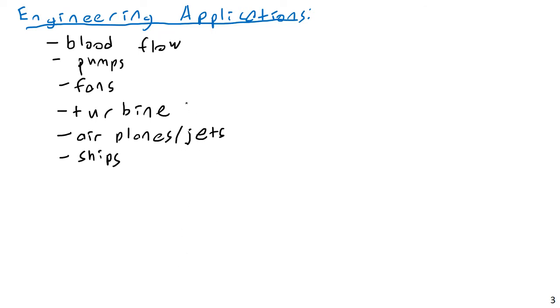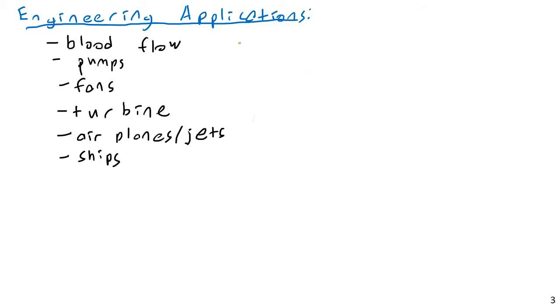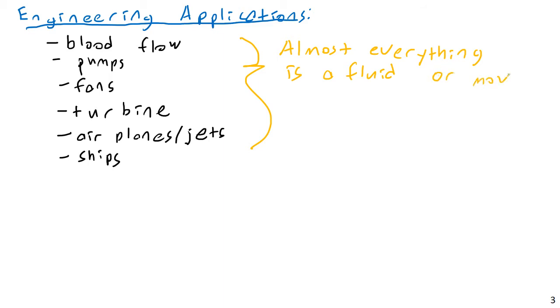Ships need hydrostatics to keep the ship afloat, and hydrodynamics to make sure the ship can move through the water. So in short, almost everything is a fluid or moves within or near a fluid.